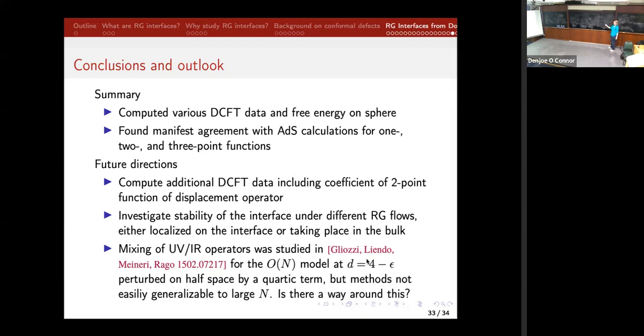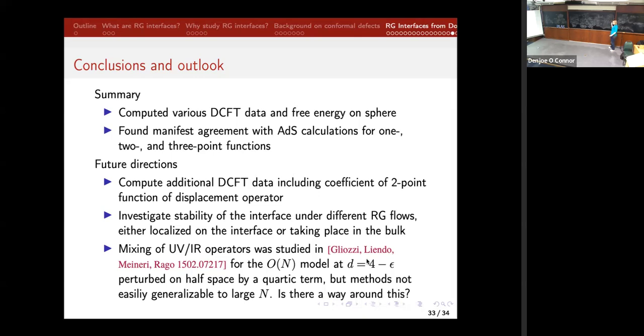In this Gliozzi et al. paper, they were able to get some of these coefficients, I think, but it's a lot easier to do in the 4 minus epsilon case compared to large N because they use the fact partly that there's only one 1-point function, and I can't remember now if it's order epsilon.